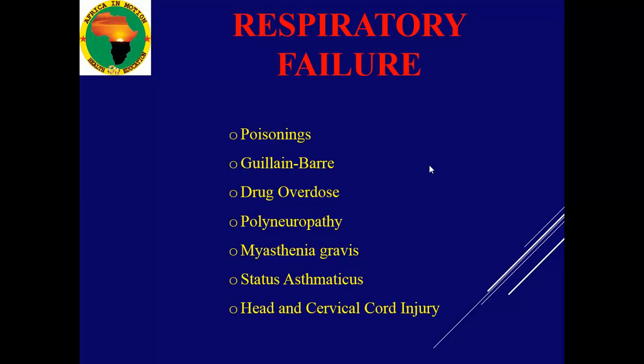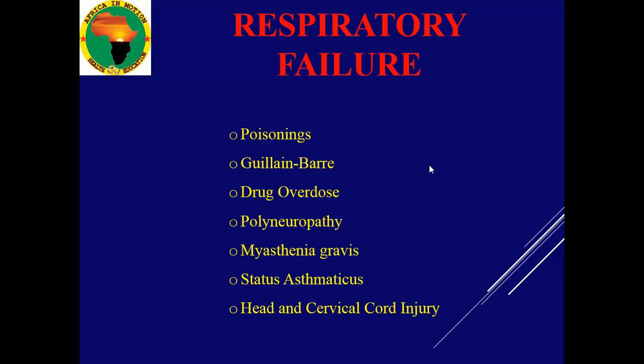Guillain-Barre Syndrome. Guillain-Barre is a condition where paralysis might start from the lower limbs going upwards after an infection, whether a virus or a bacteria. There are some bacteria which can cause those kinds of complications. So with Guillain-Barre, once this paralysis reaches the muscles of respiration, it can cause respiratory failure as well.